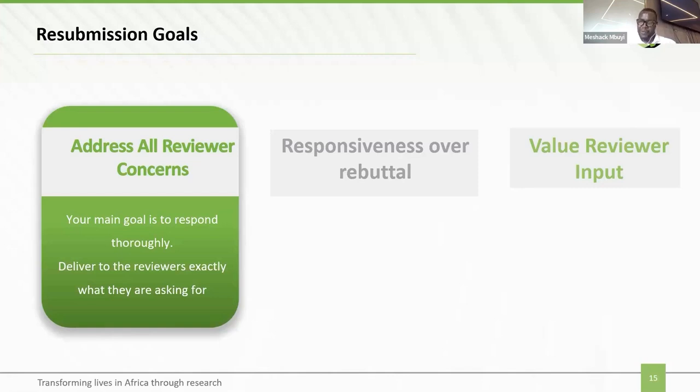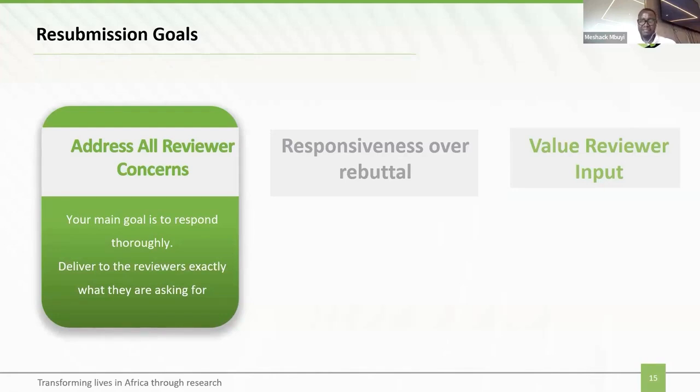And what they are asking for is what is contained in the summary statement. So if they have said there is missing expertise, make sure as you respond, you've addressed that concern. How have you addressed that concern of missing expertise? Have you got a new researcher that will fill that gap? So your number 1 and most important goal is to address all reviewer concerns, however minor.